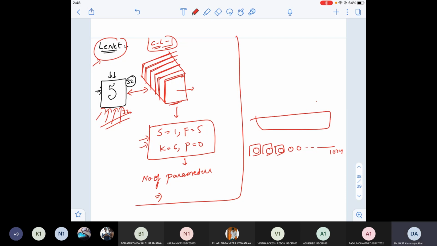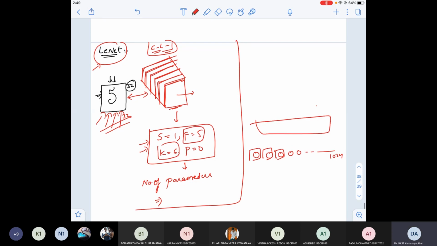Because weights depend on the number of filters. So how many filters do I have? 6 filters. Now what is my input size? My filter size is 5 by 5, and this filter has to be applied for how many channels?